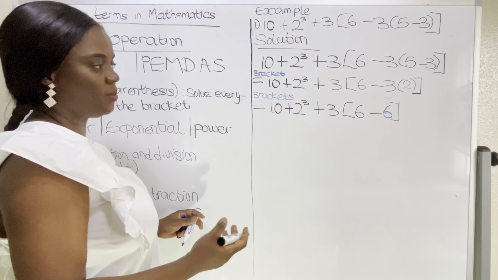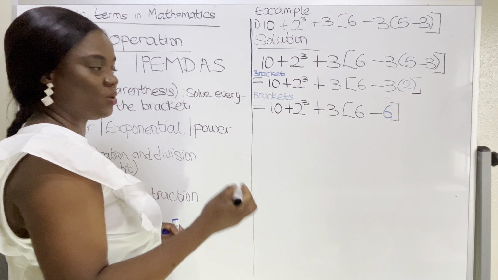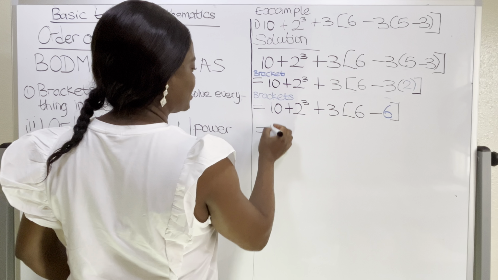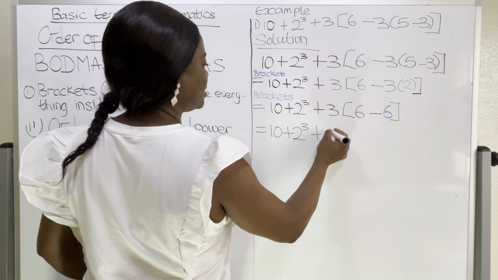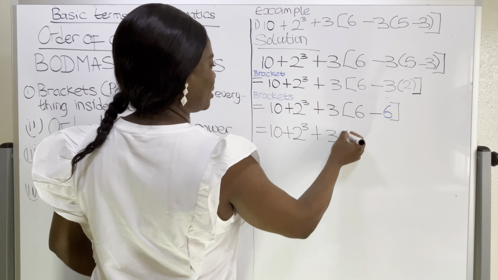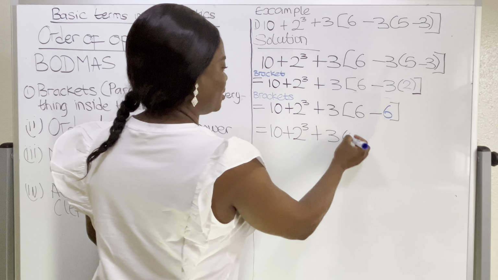So the next step is we still have a bracket. We are still going to repeat the bracket. 10 plus 2 power 3 plus 3 in bracket again, 6 minus 6, we have 0.